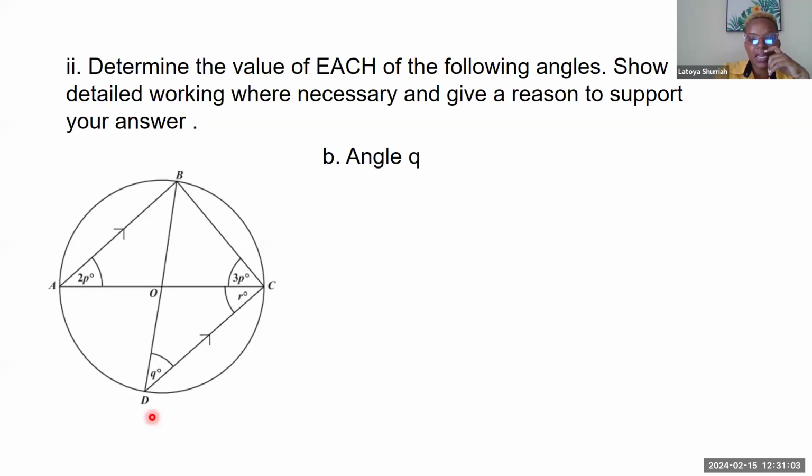BD, or DB, whichever you choose. Yes. So my question is, are the angles ABC and BCD subtending from the same chord?